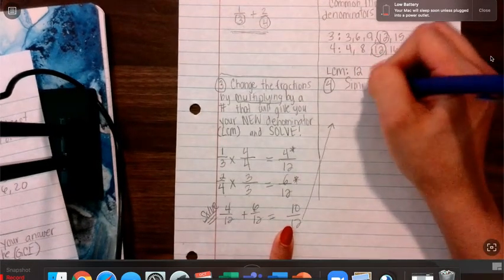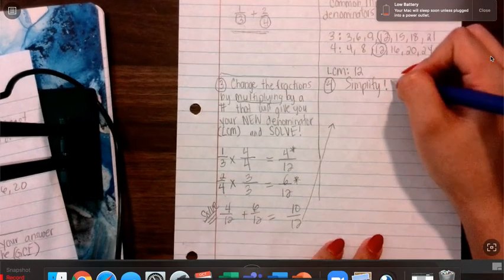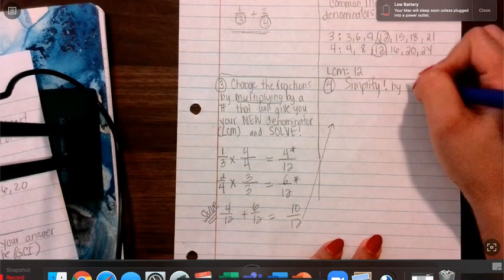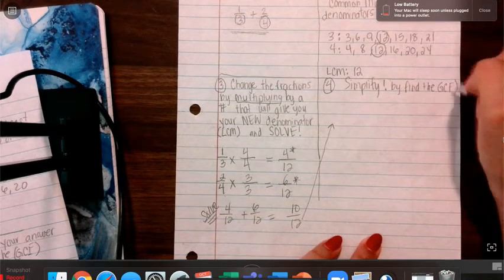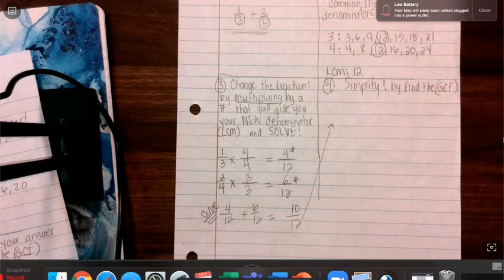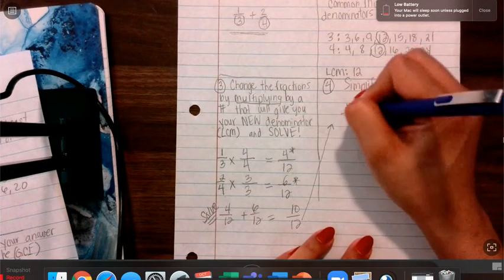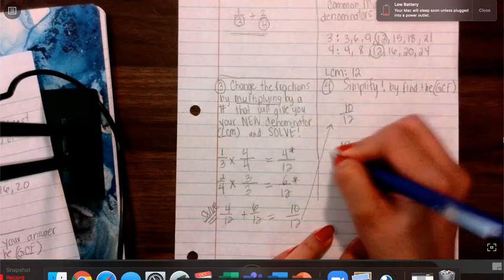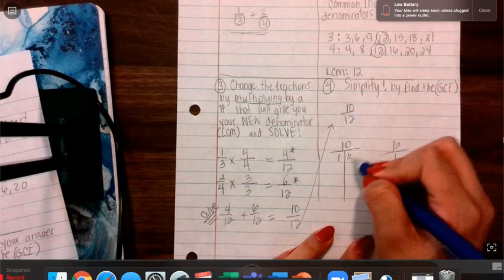By finding the GCF, which stands for the greatest common factor. We're looking for factors, the greatest. We have 10/12. We find the factors of 10 and factors of 12. We have 1 times 10, 2 times 5, and we already have 5 on the list, so now we're done.